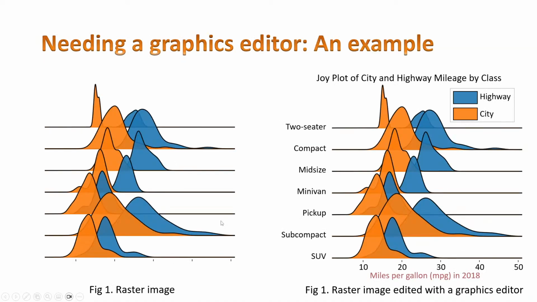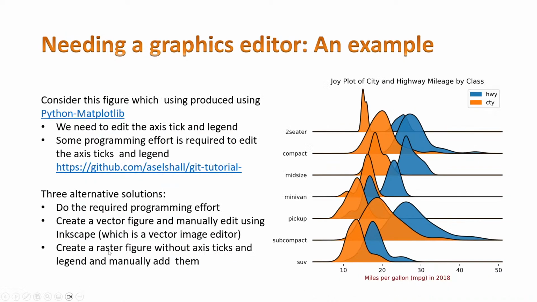So that is this part. And here I followed strategy number 2. I created a raster figure and edited it. I could also create a vector figure and then go to Inkscape, change the text, increase the font size, change the color of these guys, change the text of this guy. This is really up to you.